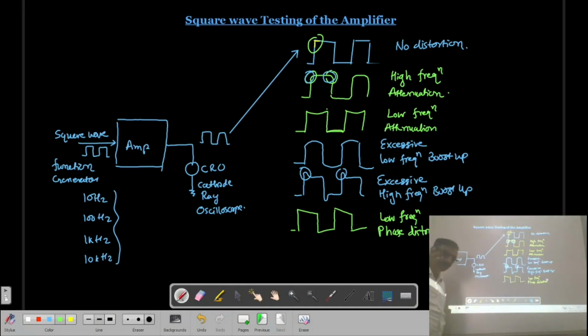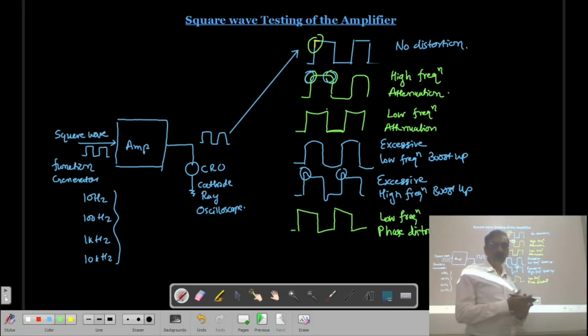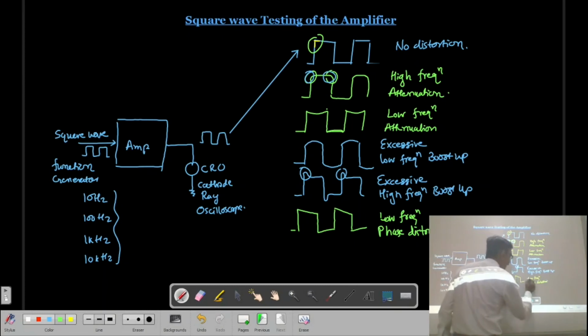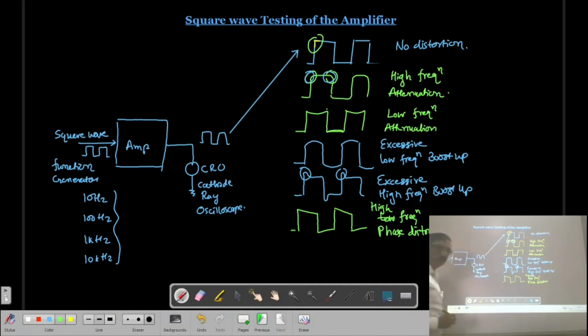So at lower frequency, the phase difference between the input and output is not 180 degrees. But if it is very large, then you can have this kind of signal shape. Sorry, here this is not representing a low frequency, but this is representing a high frequency phase distortion.